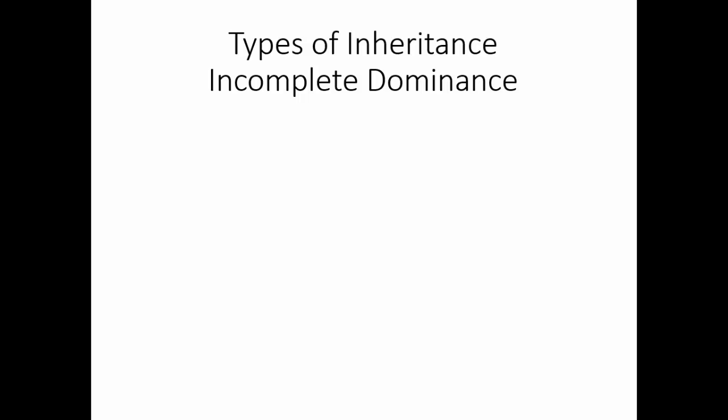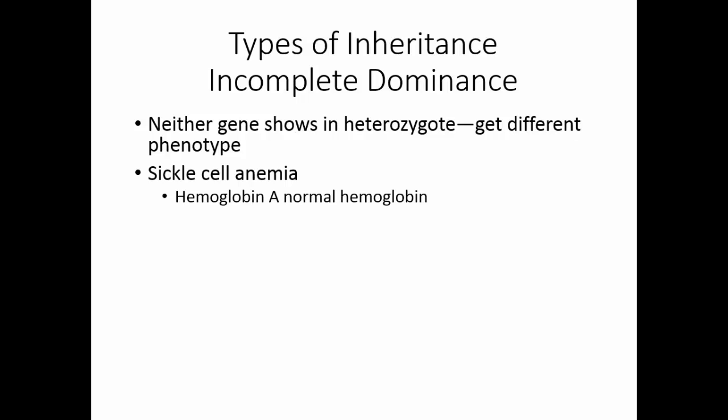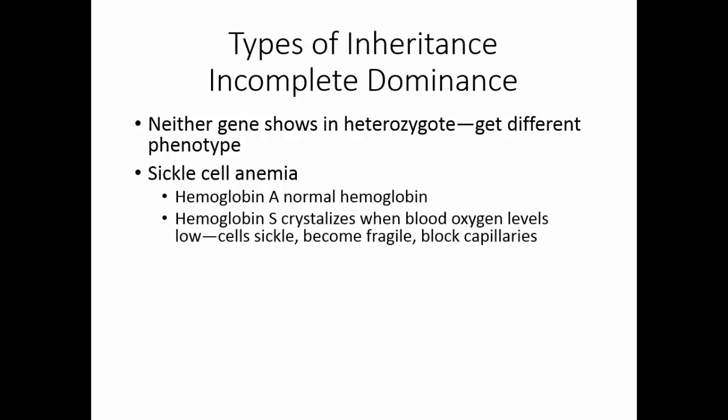Another type of inheritance is incomplete dominance. Here, neither gene shows in the heterozygote. The heterozygote gives you a different phenotype altogether. An example of a disease here is sickle cell anemia. Hemoglobin A is normal hemoglobin. This is the hemoglobin that easily picks up oxygen and transports it throughout your body. Hemoglobin S is a faulty hemoglobin.